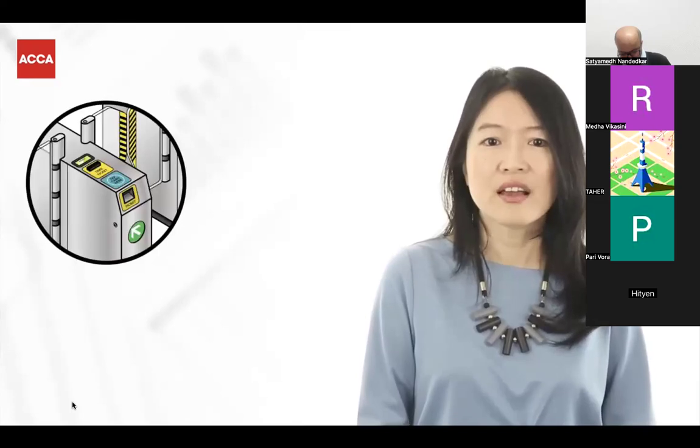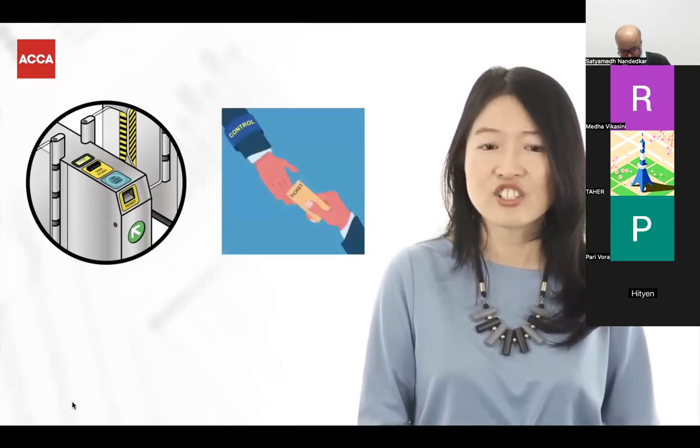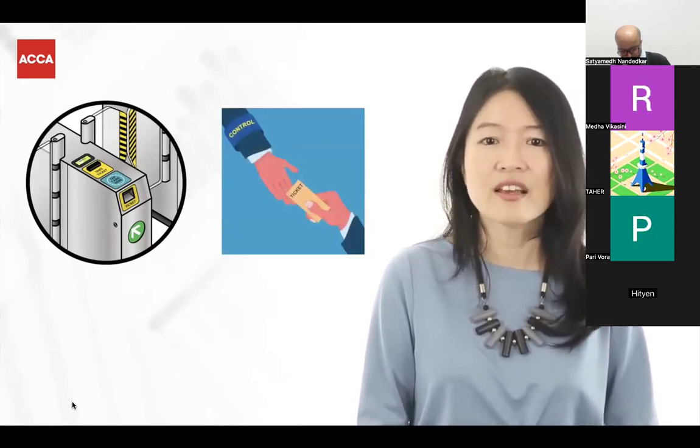Then, focusing on the individual recommendations themselves, consider these two alternatives to manage the risk that customers travel without paying for their journey. Firstly, the company could install ticket barriers at all major stations, or alternatively, the company could recruit a large number of ticket inspectors that will check every passenger's ticket.